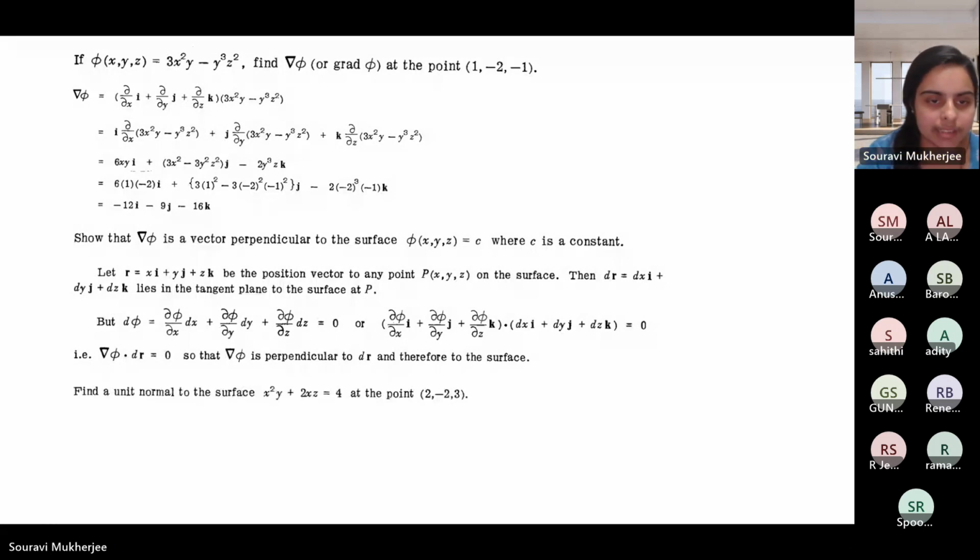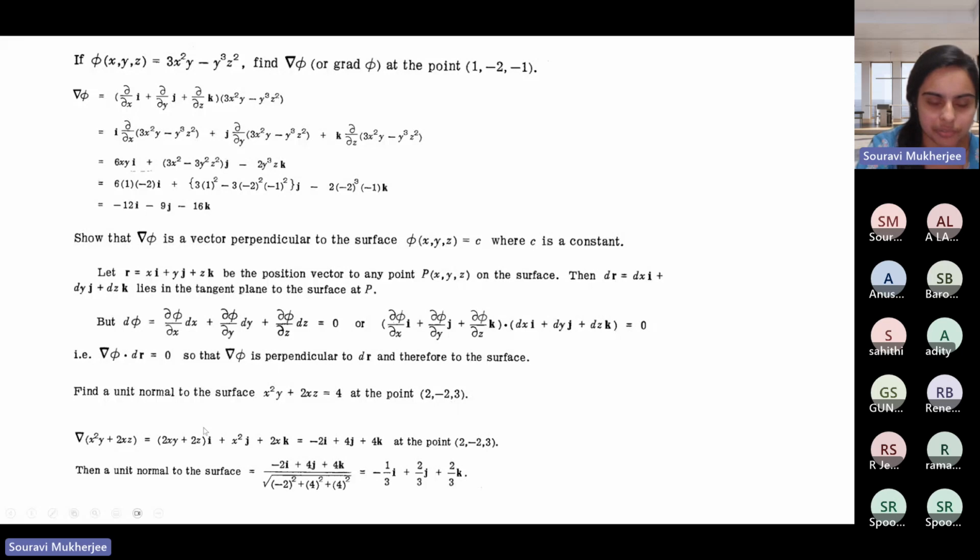Now, if you are asked to find a unit normal to some given surface at some point, what you do is find grad of phi, which gives you the vector perpendicular to this surface. Because you know the point, you can put in the values of x, y, and z. And again, to get a unit vector, you divide by the magnitude.